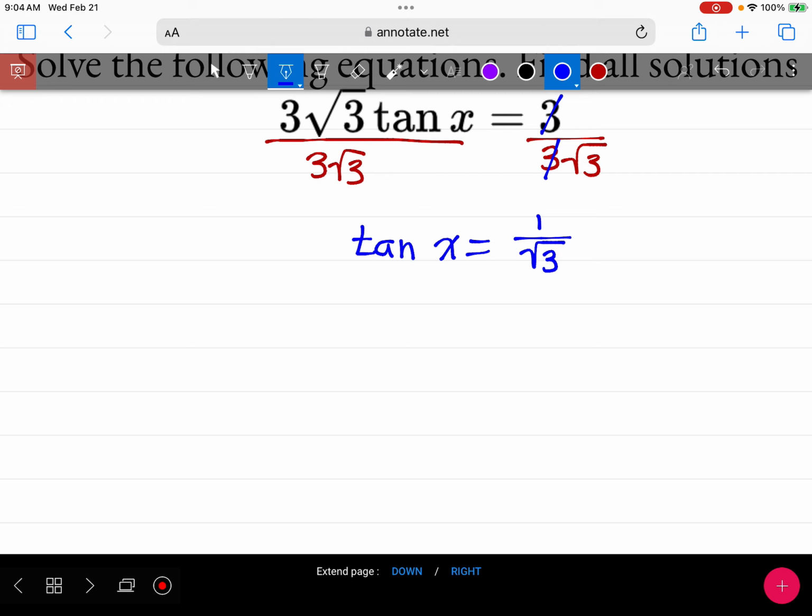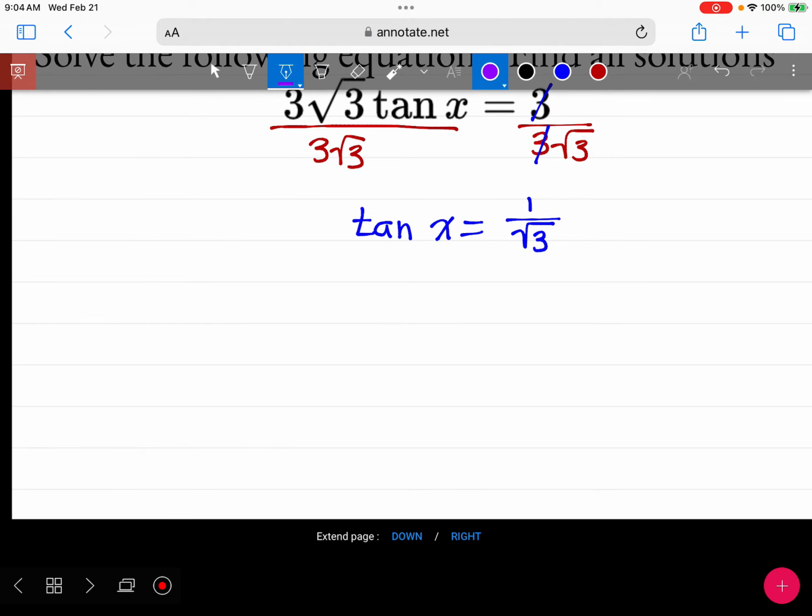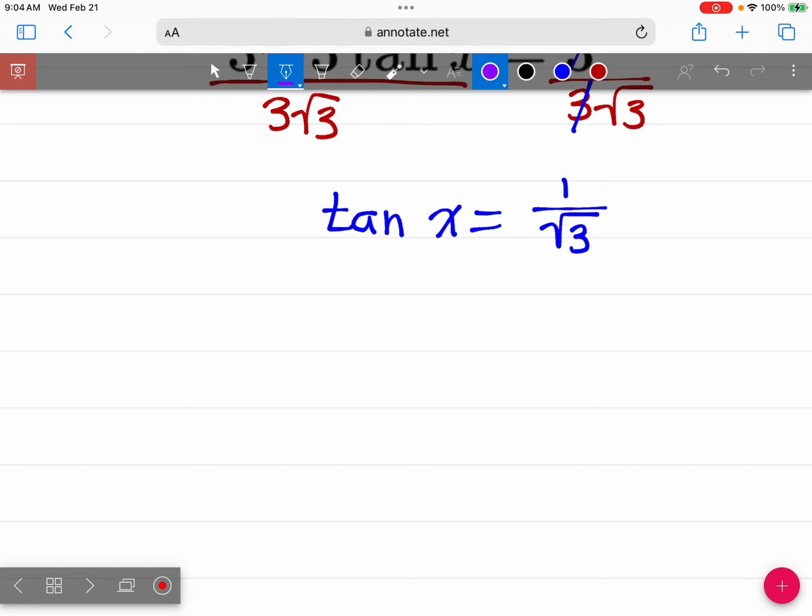So we're going to look at our unit circle and see if we can figure out where tangent of x equals 1 over square root of 3. If it helps, you can always remember that tangent of x is sine of x over cosine of x. And that might help us match it up, because we need cosine to have a square root of 3 and sine pretty much to cancel out.